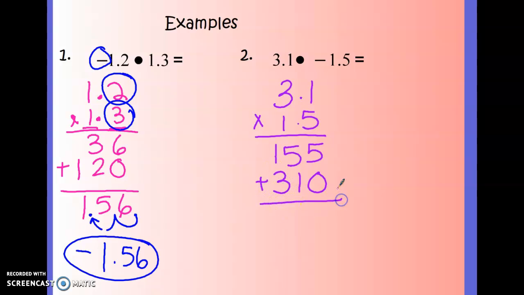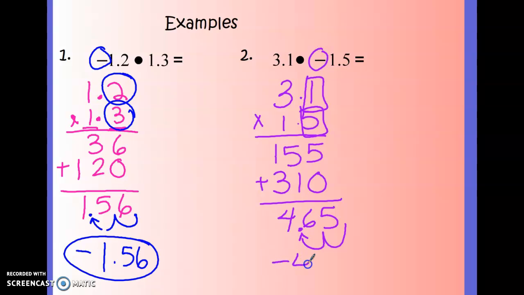Add my numbers together. 5 plus 1 is 6, and then 1 plus 3 is 4. Again, going to count how many places, 1 and 2. So I move over twice, so my decimal's going here. Again, I only have one negative sign, so my answer for this would be negative 4 and 65 hundredths.